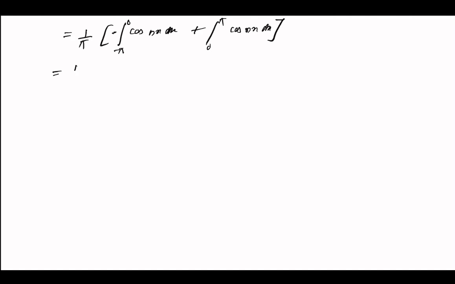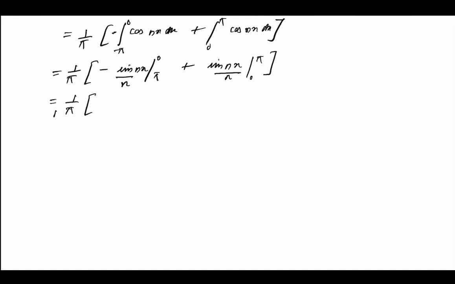Just integrate both these terms, so we get sine of nx upon n from 0 to pi.